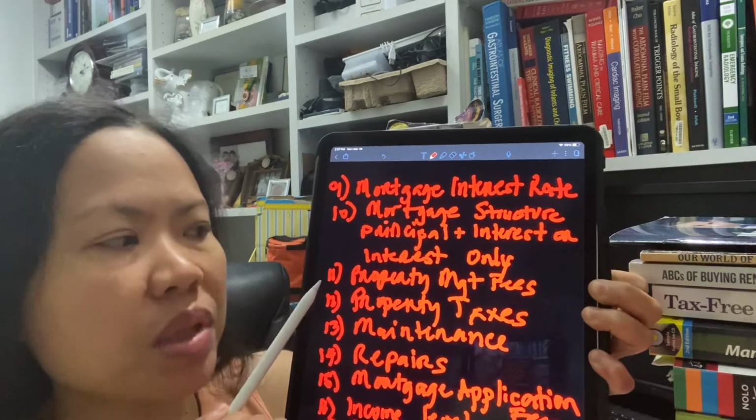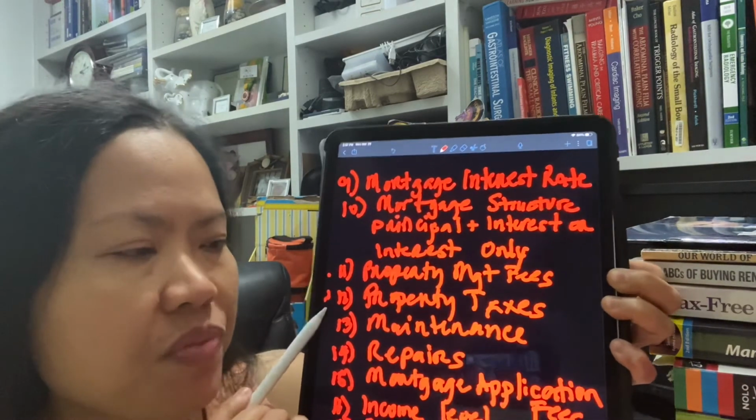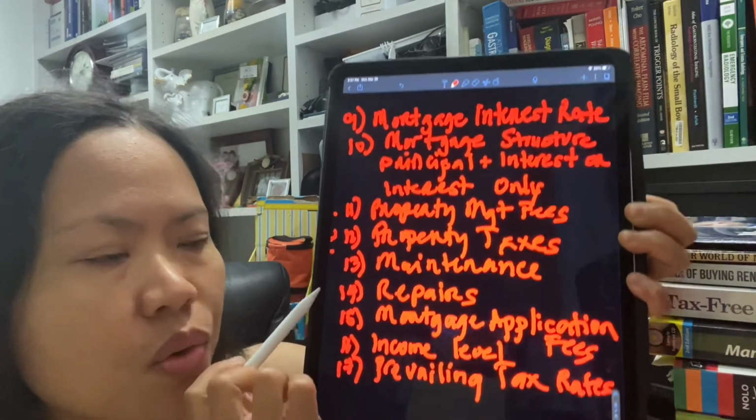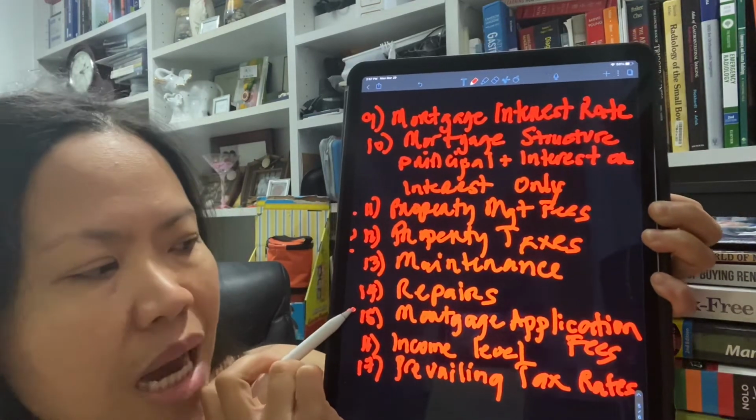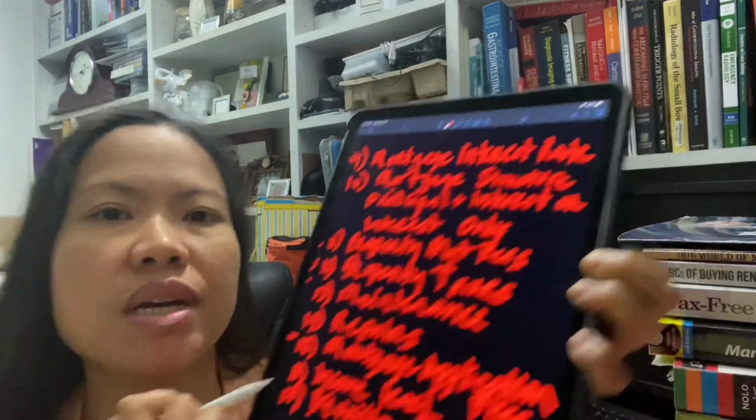It looks at property taxes, property management fees, maintenance, repairs, mortgage application fees, income level, and prevailing tax rates. So it's not easy to find the internal rate of return by just using a calculator. We would need some help using free apps out there.